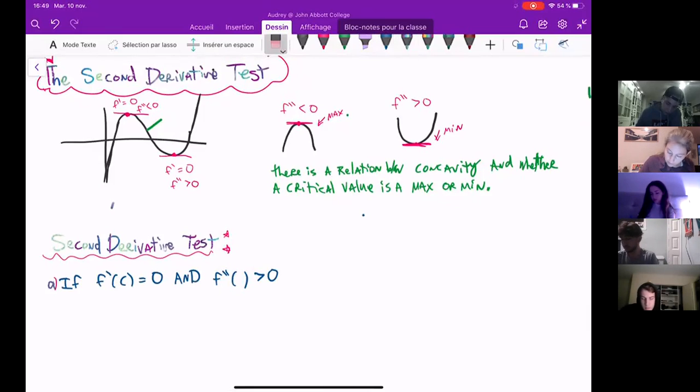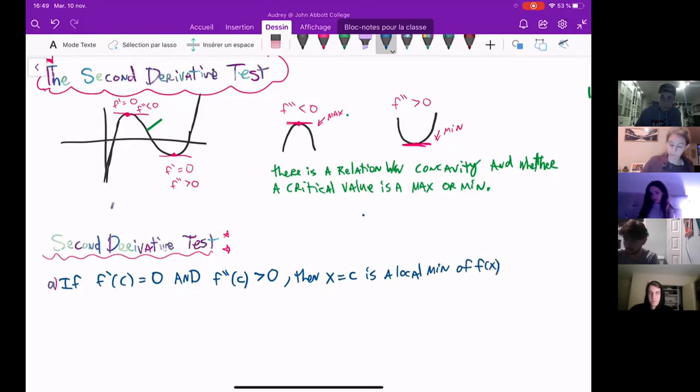Then x equals c is a local min of f of x.